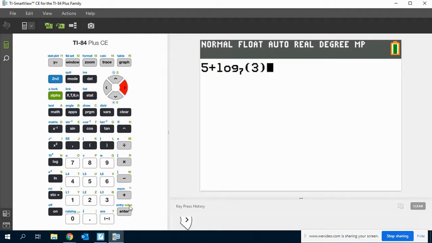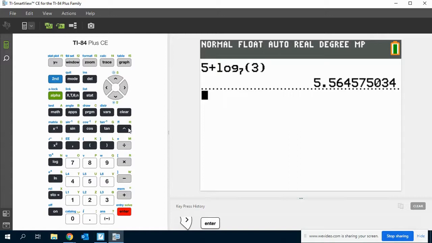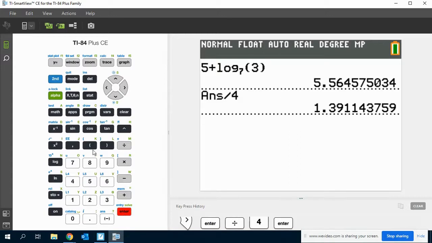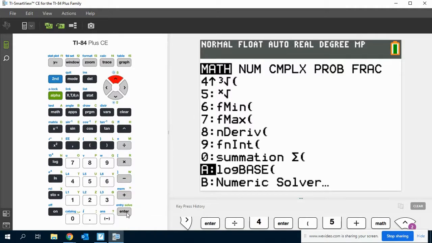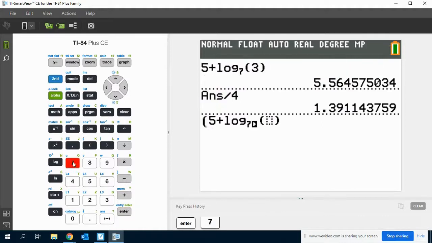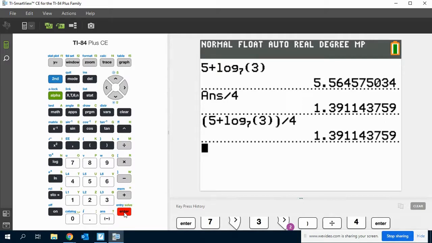I can hit enter and then divide it by 4. Or I could put the whole thing in parentheses. So 5 plus log base 7 of 3. And then I have to make sure that I end the parentheses or else it's not going to work. Then I divide that by 4 and I get the 1.391 approximated answer.